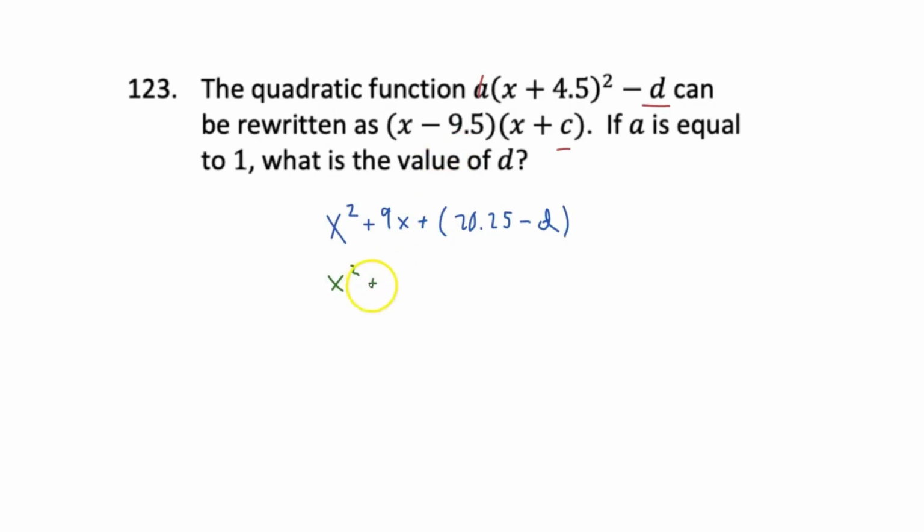The reason I'm writing plus here, even though we have probably negative 9.5 and c as our x terms, is that I want to be able to make a one-to-one comparison, right? So I have plus here because I had plus in the other expression as well. And so this will end up being c minus 9.5, and this entire thing is our x term.